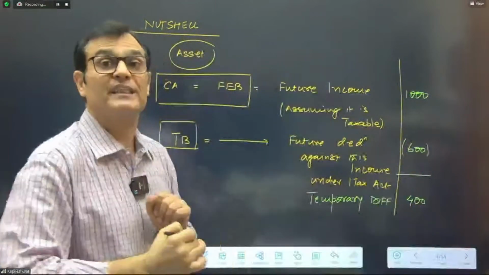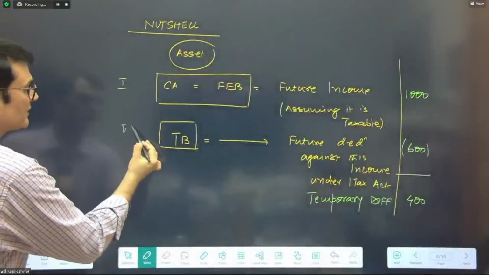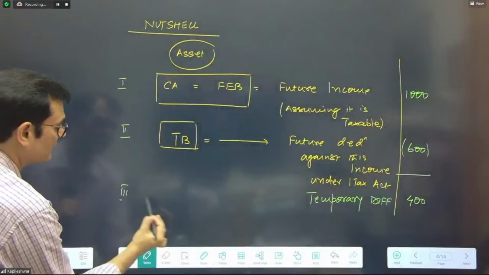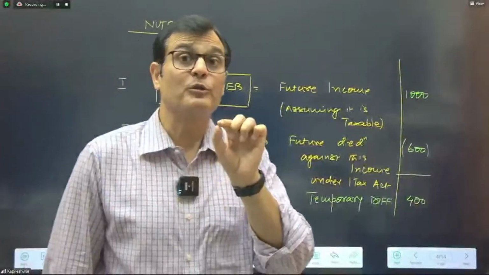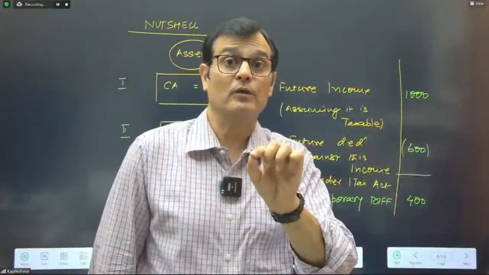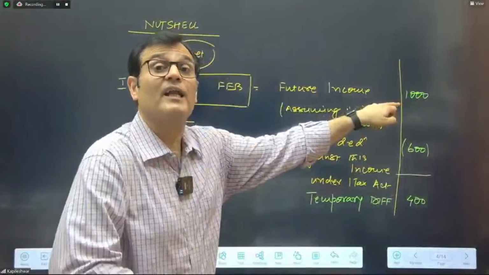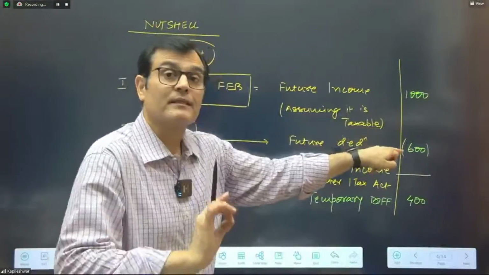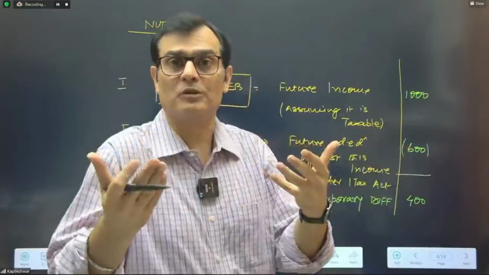That's what my step 3 is. This is my step 1. This is my step 2. And this is my step 3, that you're getting a temporary difference. And now you need to classify, is it taxable or not? This is the income which will arise. This is the deduction which I will claim. So this is the net income which will arise.